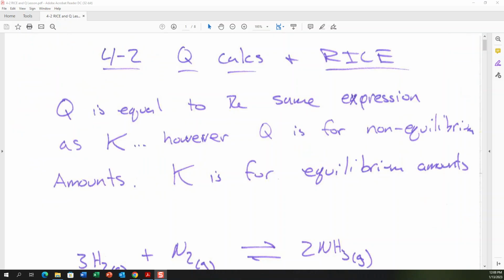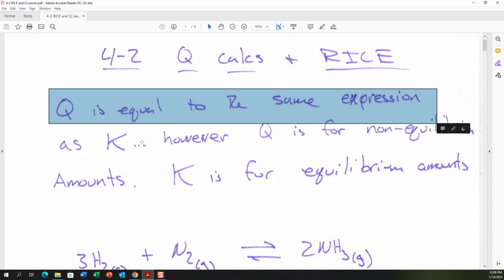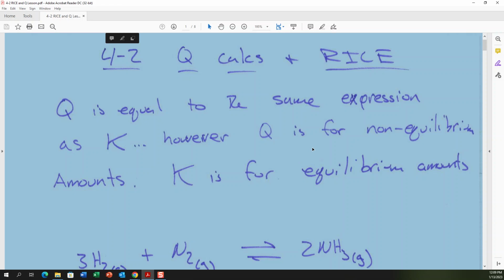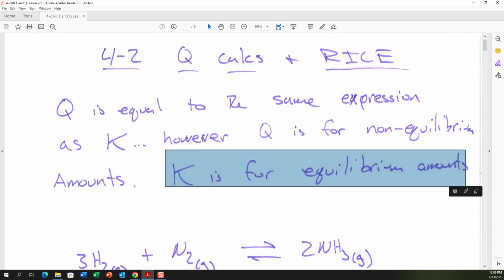All right. So again, Q is equal to the same expression that K is, but Q is for non-equilibrium amounts. K is for equilibrium amounts.